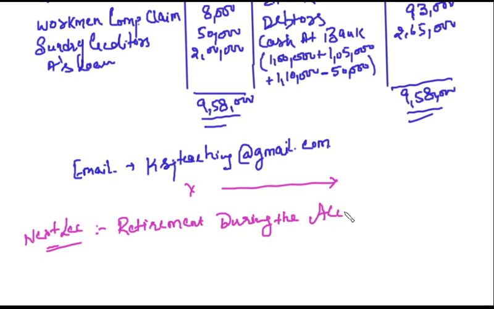So far, we have been discussing the topics where the retirement is done either at the end of the accounting year on the last date or in the beginning of the accounting year. Then that becomes very easy. Now, the retirement is happening during the accounting year, in between the accounting year. Then how to calculate the share of profit of the retiring partner in that, we will discuss in the next lecture.